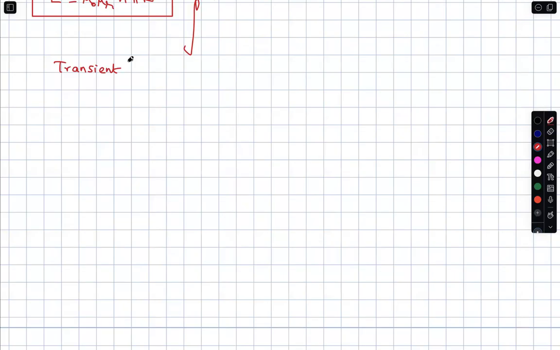Right. Transient currents. See, please try to understand.